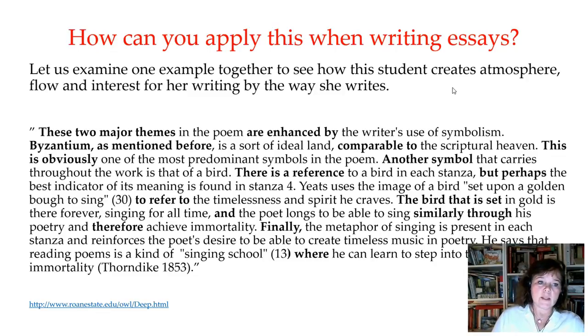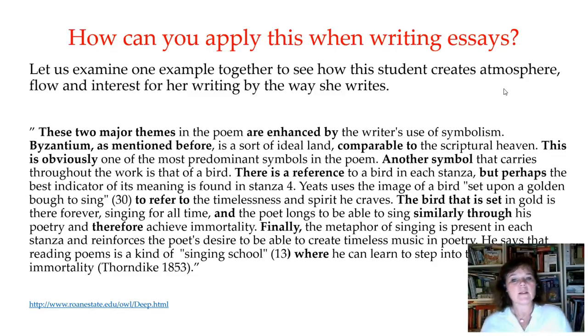And she refers to Byzantium as mentioned before, and she comes into this sort of ideal land comparable to the scriptural heaven. This is obviously, she says, another symbol, and she has found there is a reference to a bird in each stanza, but perhaps the best indicator.